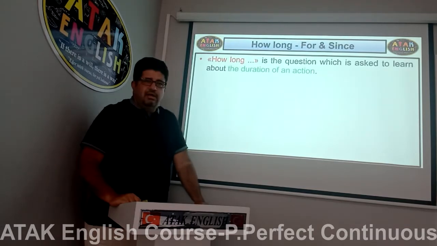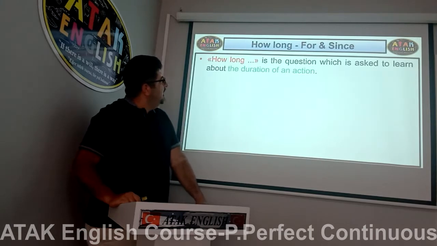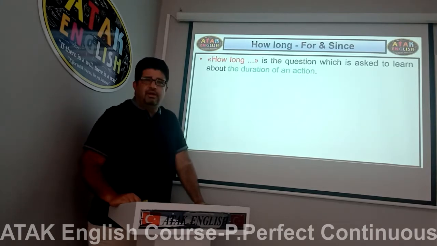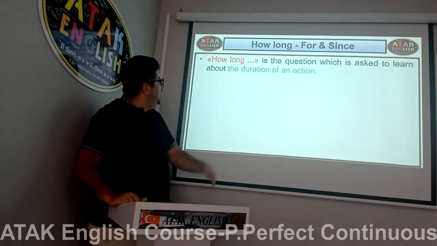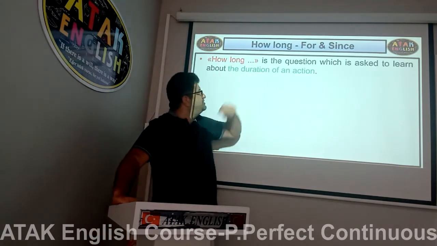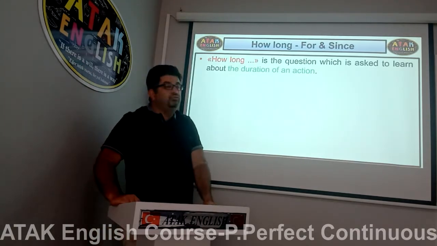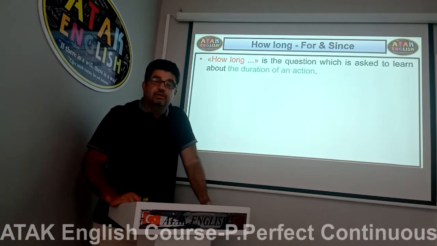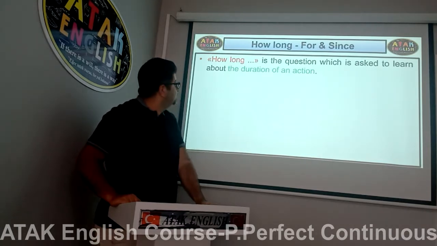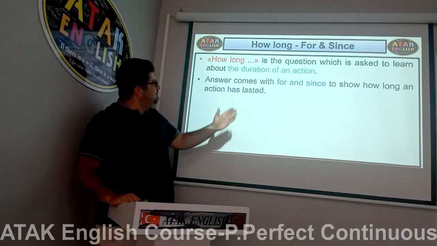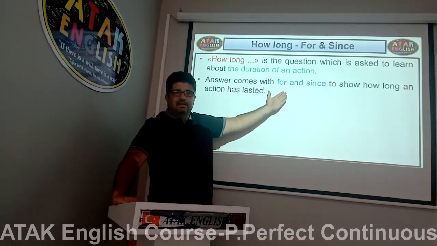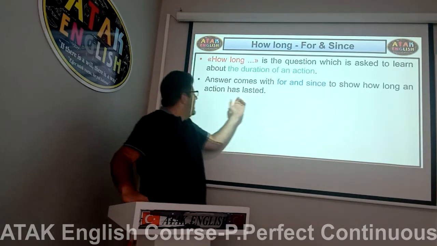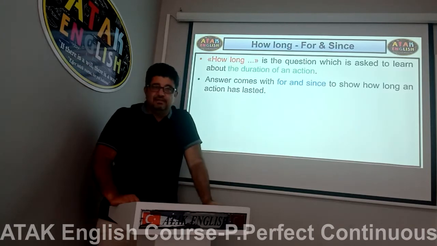Okay, how long? Let's see for and since. How long is the question which is asked to learn about the duration of an action. The answer comes with for and since to show how long an action has lasted.